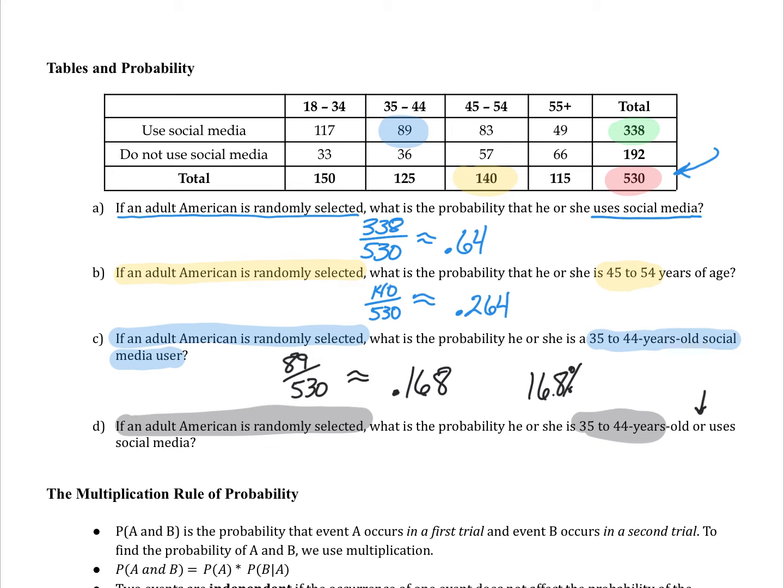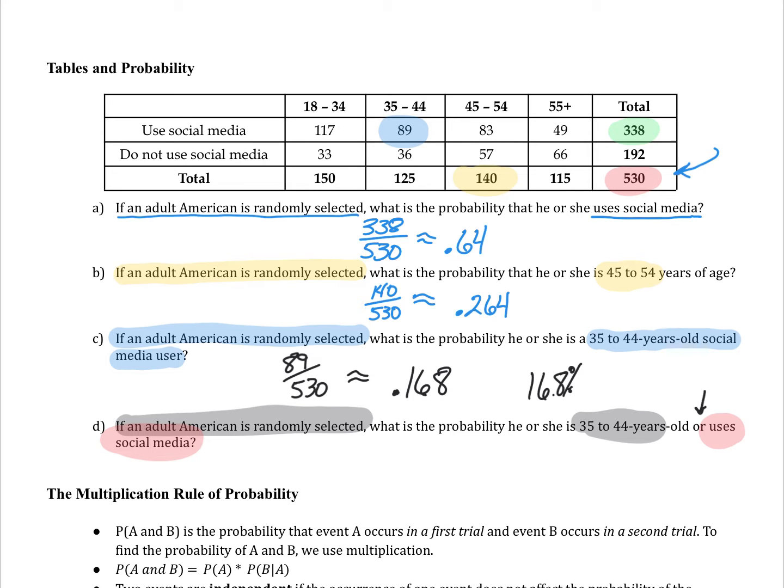This is not mutually exclusive events because you can be 35 and a social media user. So this is going to be one of those statements where we add our probabilities and subtract any overlap that we might have. Let's take one at a time.